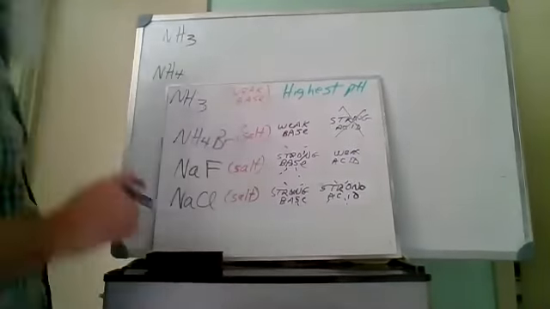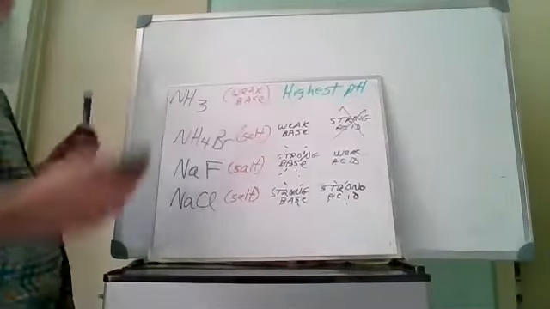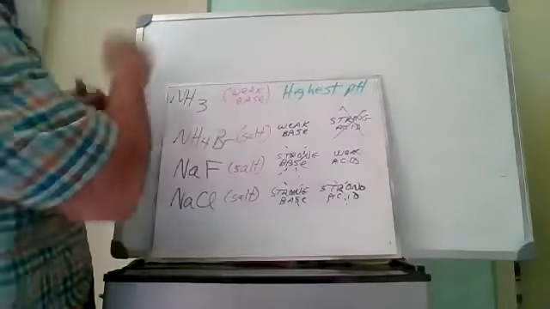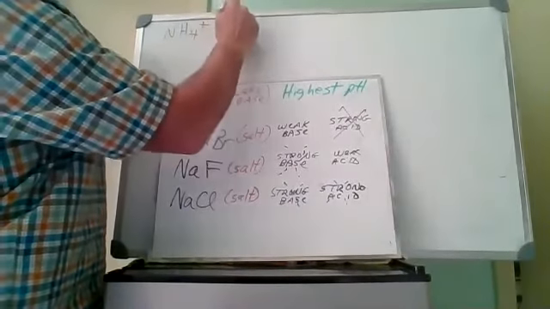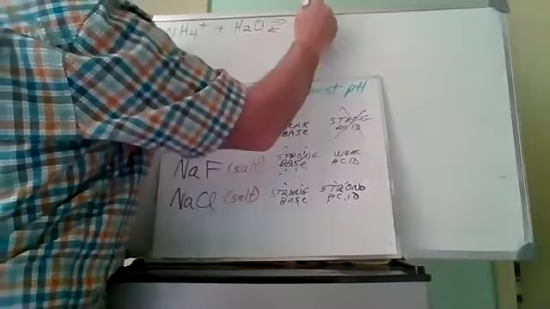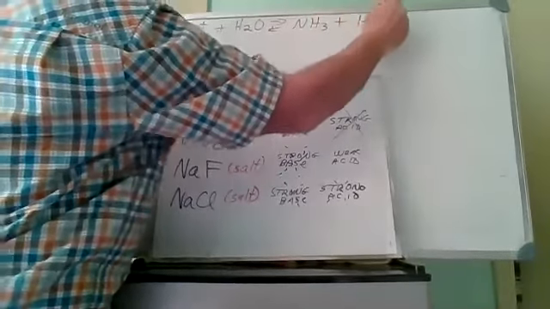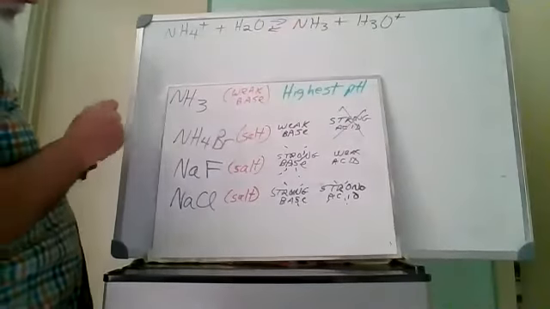So let's write out the hydrolysis reactions. Let's write out the hydrolysis reaction for the weak acid, NH4 plus H2O gives me NH3 plus H3O plus. So that one's going to be acidic. Let's look at this one.